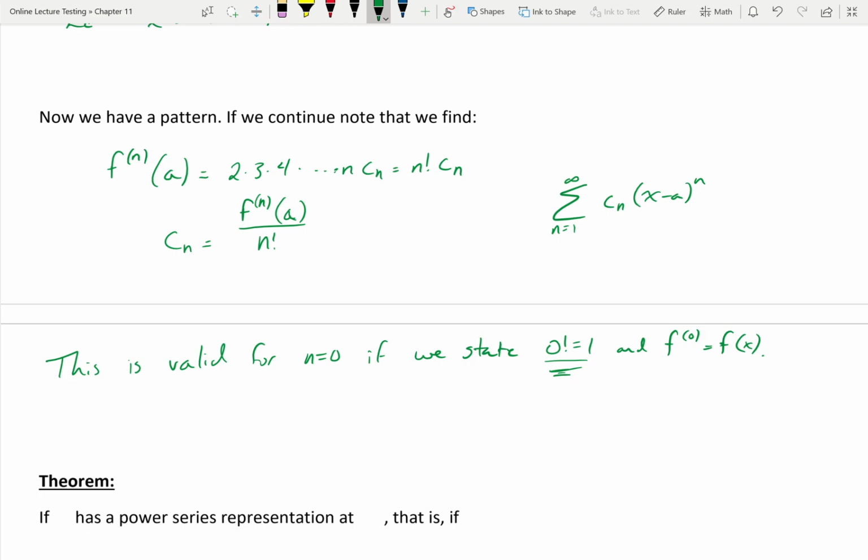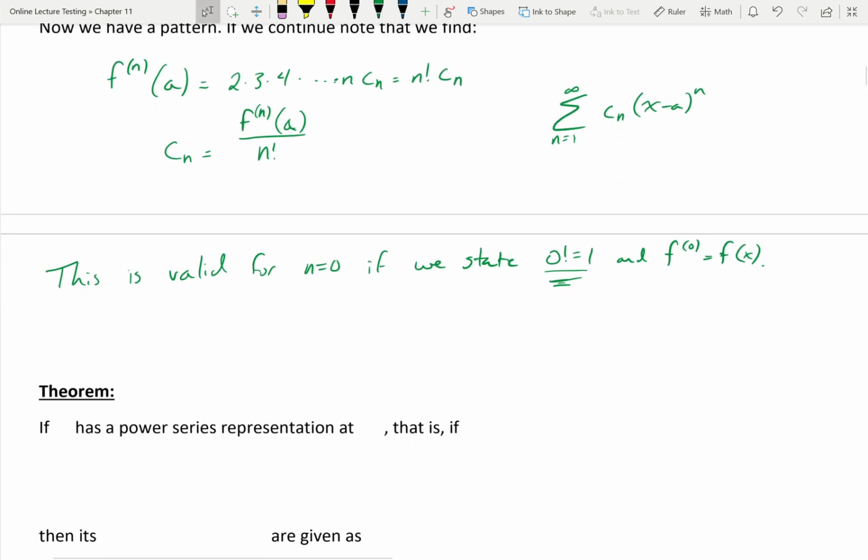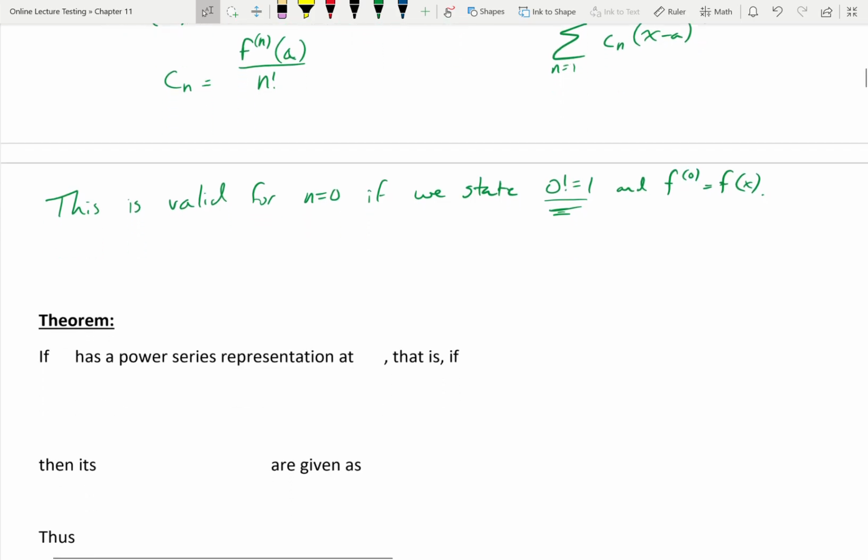All right, so this allows us to talk about if a function has a power series representation. Again, I want to emphasize the if part because this is something that we will have to talk about later on.